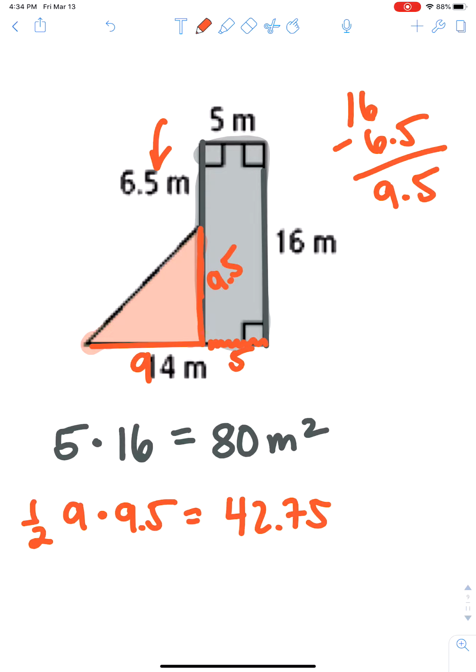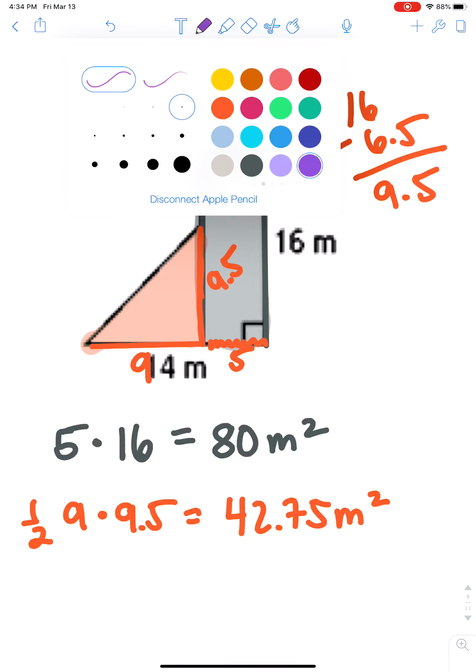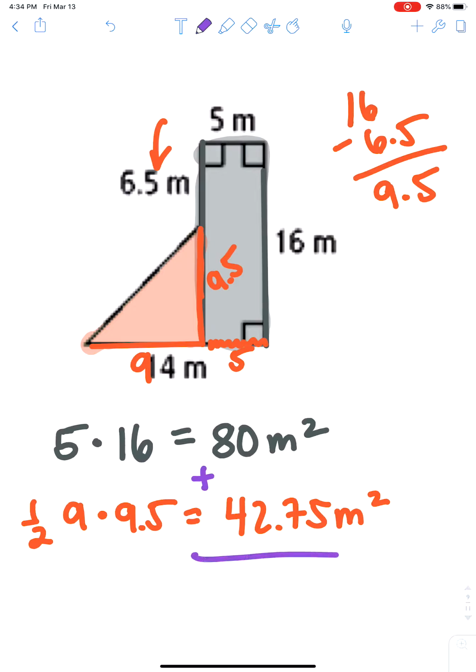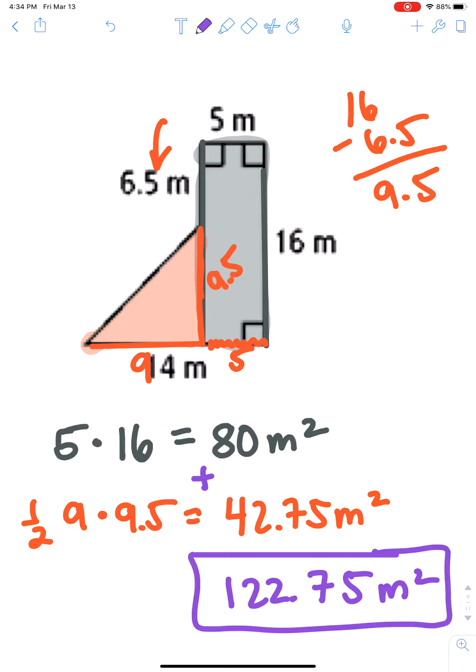Then no subtracting here because we are taking the gray and the orange. We're going to add them together, and our total area is 122.75 meters squared.